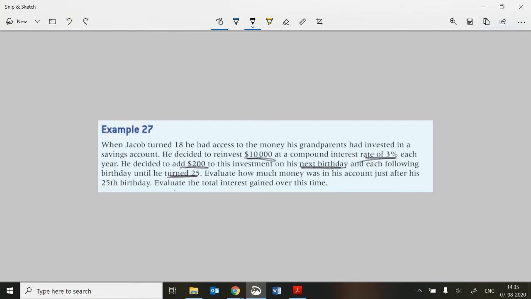Okay, so where to start? Well, I suppose from my point of view, the $10,000 is kind of separate. And just to get a sense of this, I might in fact just think about how many years there are, because there's few enough years here to actually write it out. And a lot of the problem with these questions is to think, how many gaps are there here? Have I counted the number of years right? Because obviously 25 take away 18 gives us 7, but are there 7 years, or are there 7 gaps?